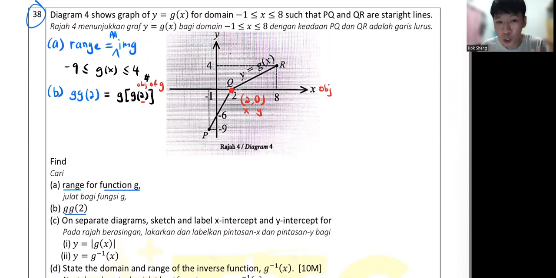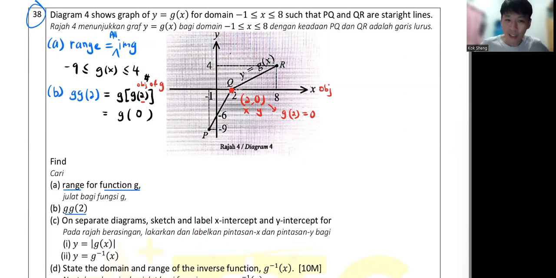So yeah, we have the g(2) already. If I write this in function, it will be g(2) = 0. 2 is the object, so 2 inside the bracket, the 0 is the image.